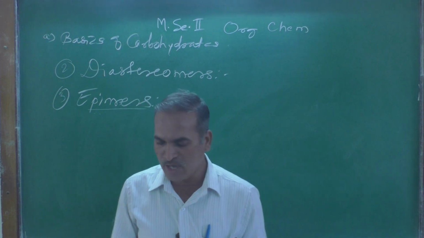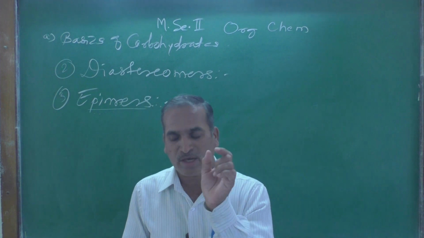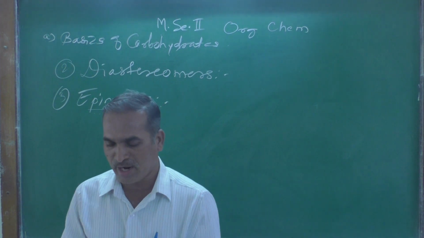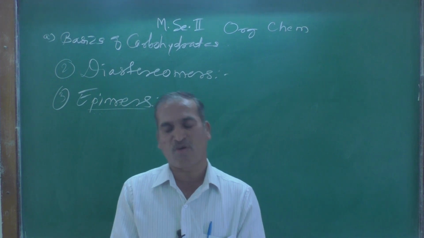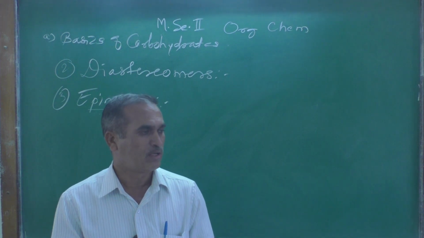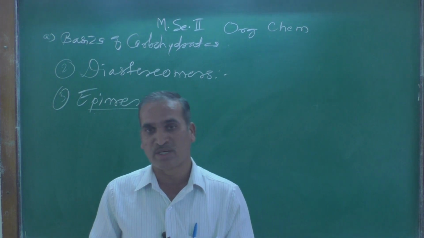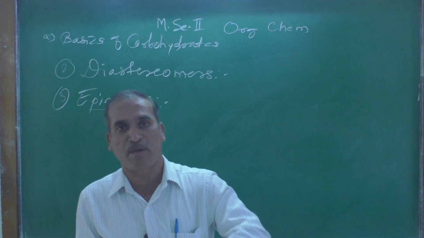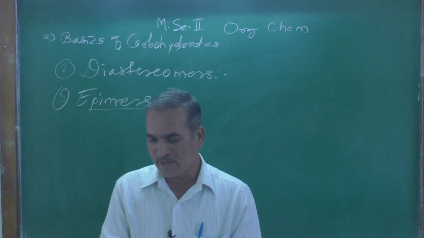The optical isomers that differ in configuration at only one carbon atom are called epimers, or anomers of each other. Remember once again, epimers are optical isomers that differ in configuration at only one carbon atom.